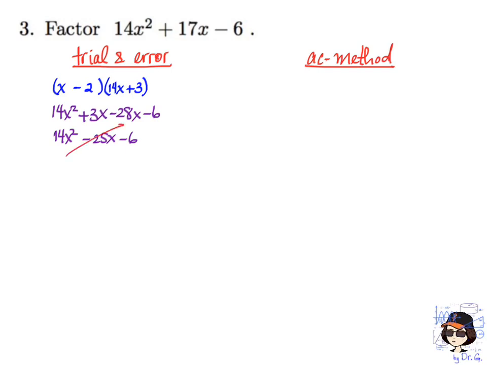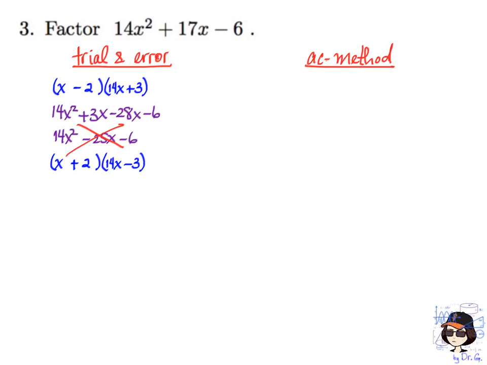Let's keep the first two terms the same, x and 14x. And now let's see if we can do positive 2 and negative 3 instead of negative 2 and positive 3.